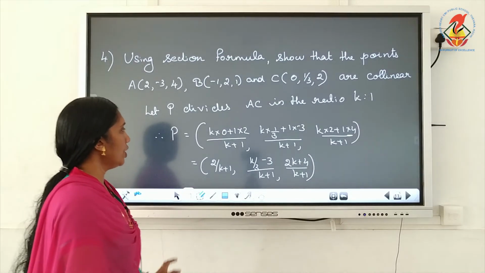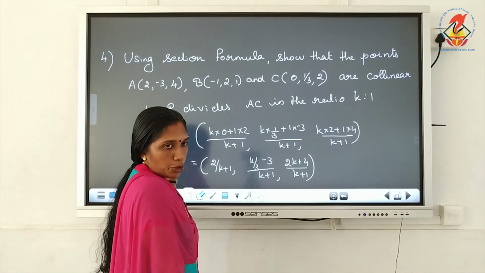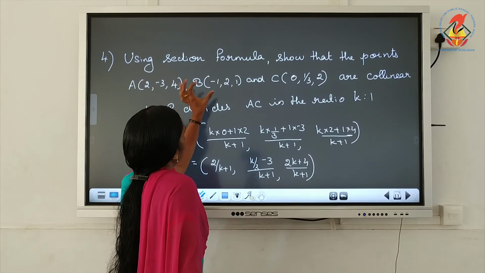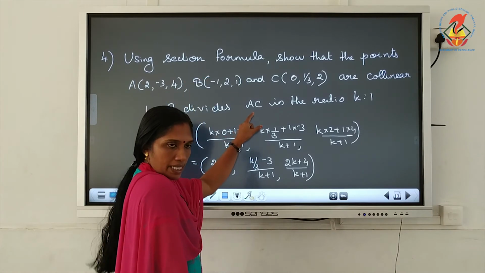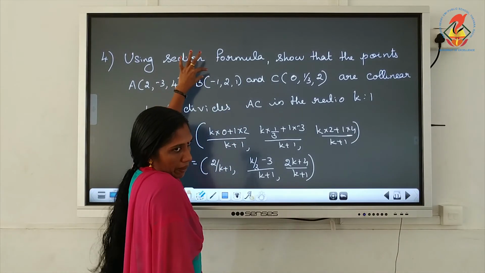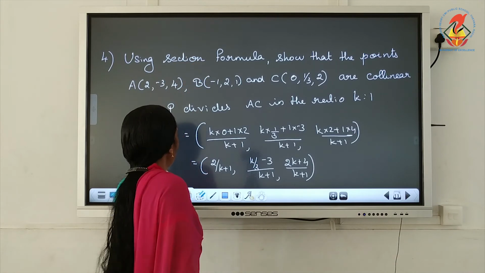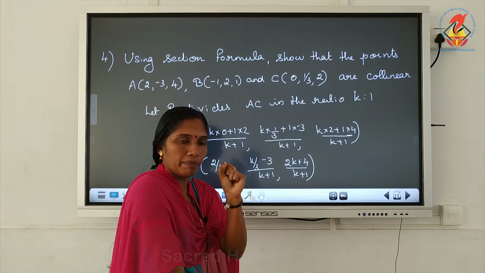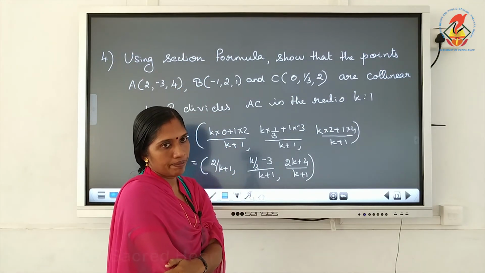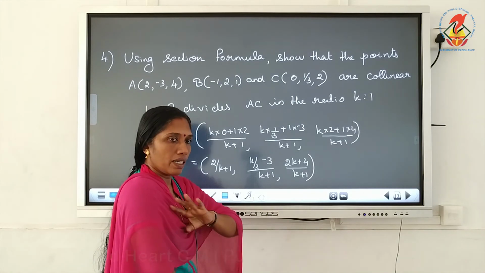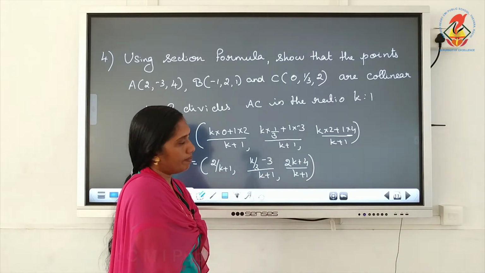Now, what we have to do is prove this P and B. First I took A and C. So, the point left is B. So, I have to prove this P and B are the same, they coincide. Then we can say that all these are on the same line.